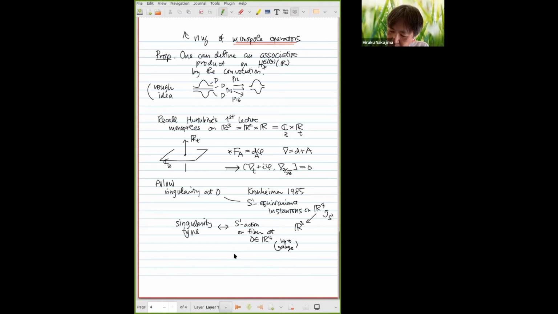And this is nothing but a homomorphism S1 to G, or maybe S1 to G_C, up to conjugation. Right, so this is a cocharacter.